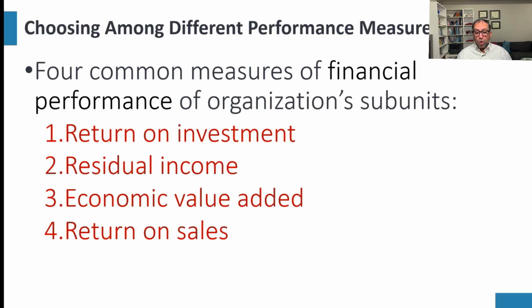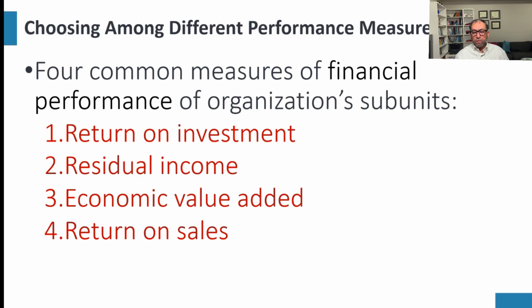Now, if we want to measure just the financial aspect, the financial performance of the organization subunit, then these are the four ratios, or calculations, that can give us an idea of how the corporation's subunit is performing. Return on investment.